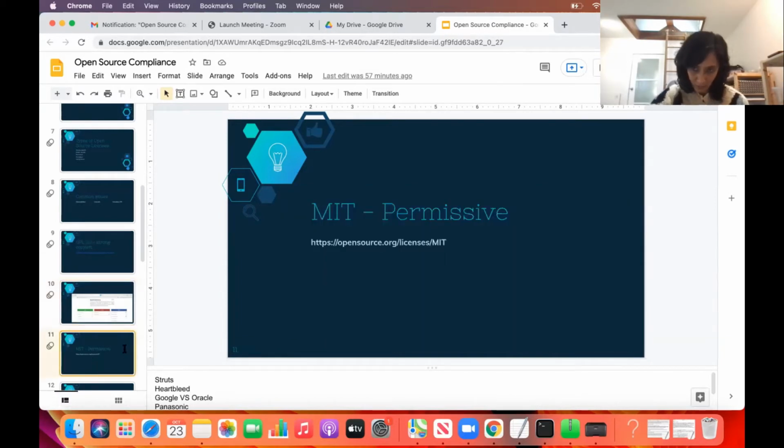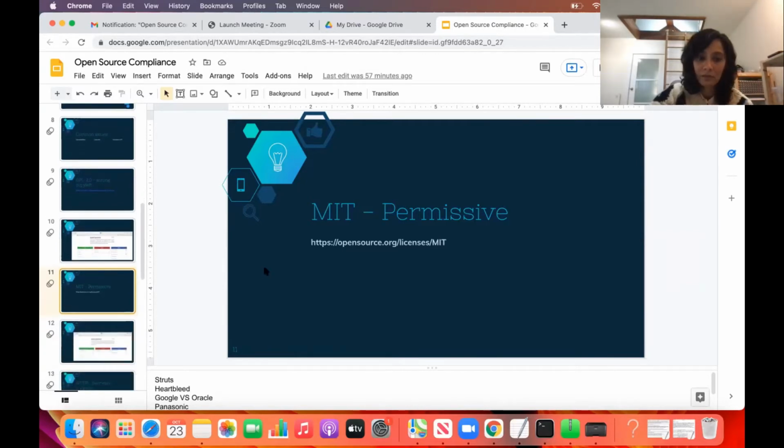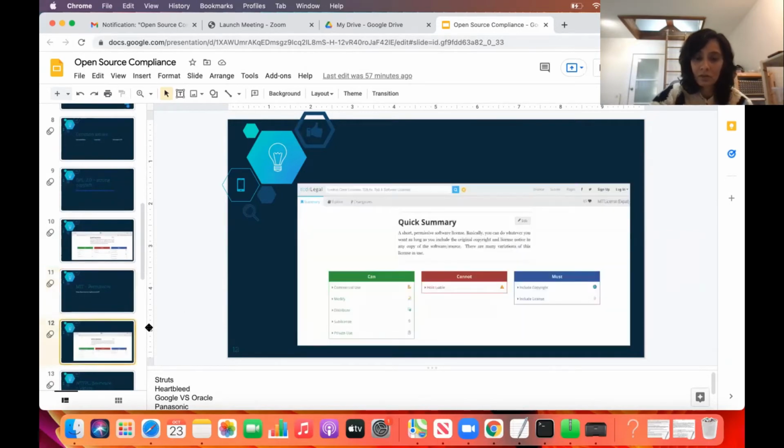So this is an easy one. This is the MIT license, one of the most popular licenses you will see on GitHub as well, right? So let's see, you can find the license text here on this link, but let's look at TLDR legal for this, right? So it says a short permissive license.